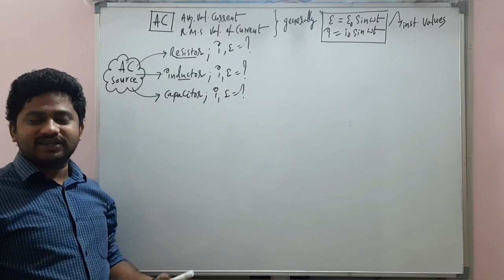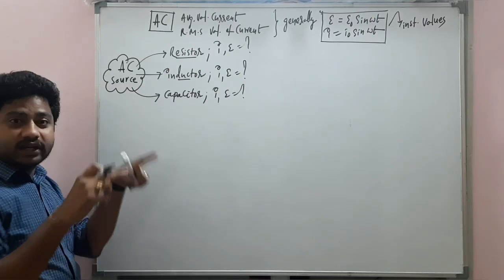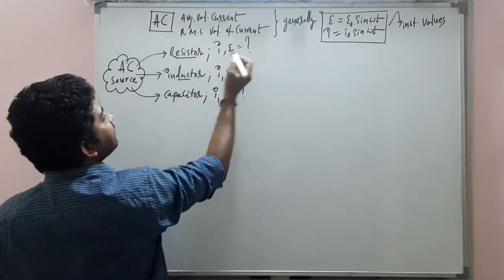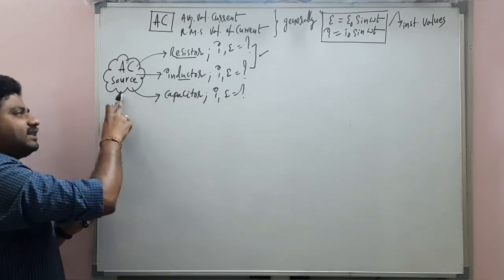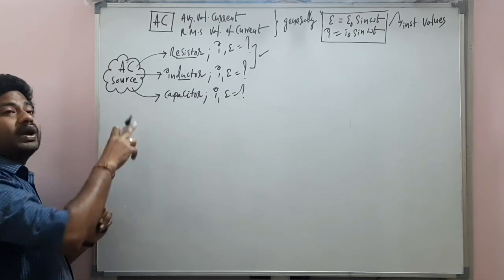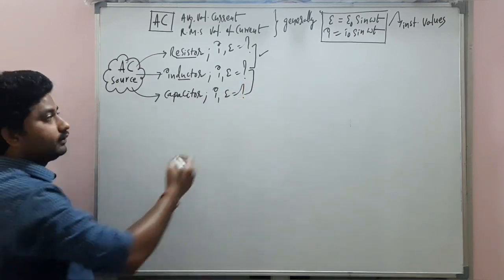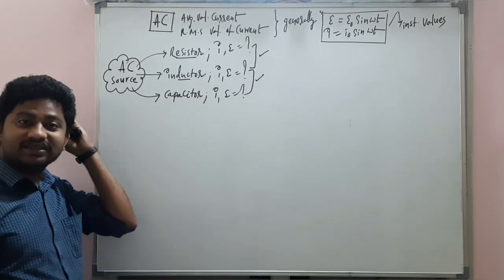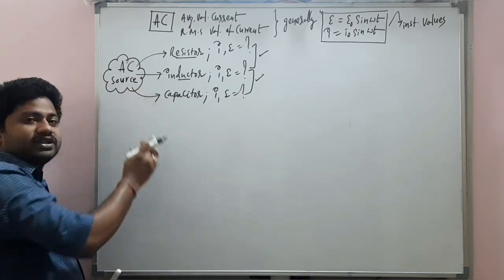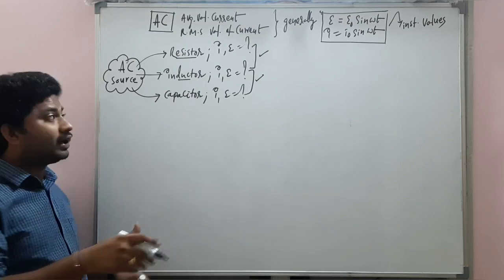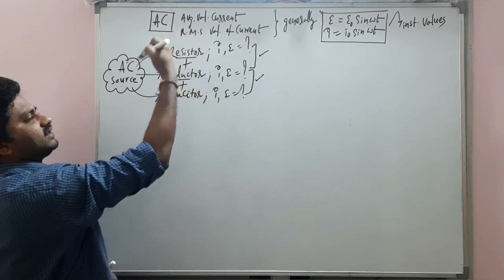In the later classes, we'll be doing the case when this AC source is connected to a circuit where both resistor and inductor are present, where inductor and capacitor are connected, and where all the three elements are there, resistor, inductor and capacitor.